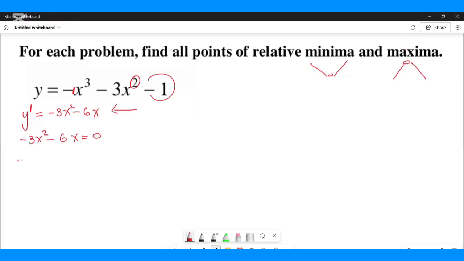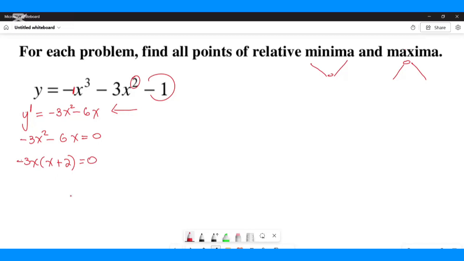We factor out negative 3x, open our bracket, and we're going to have x plus 2 here, and this is equal to 0.